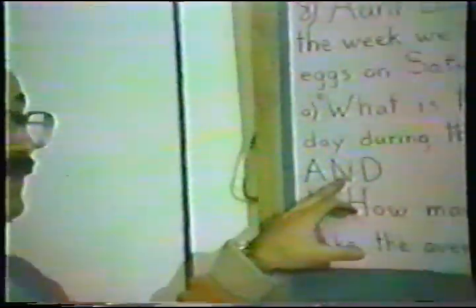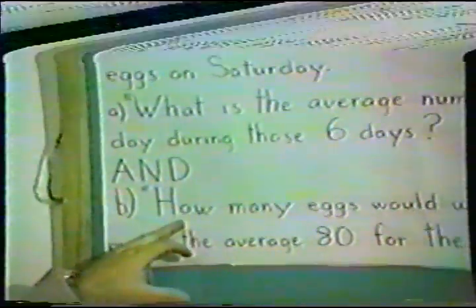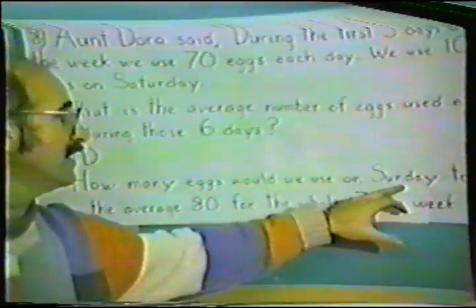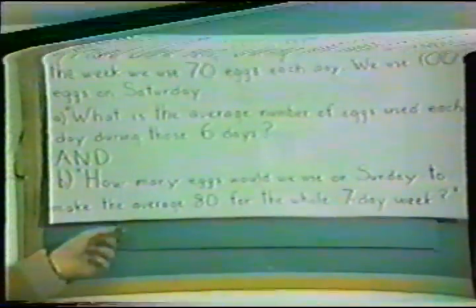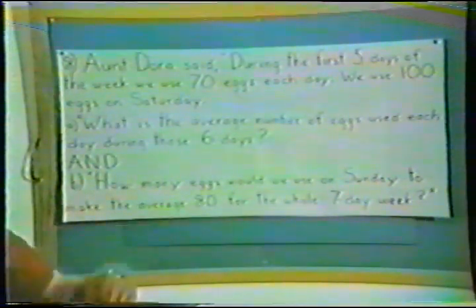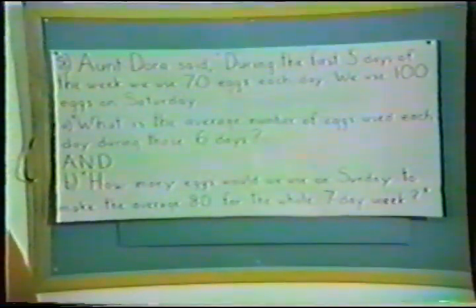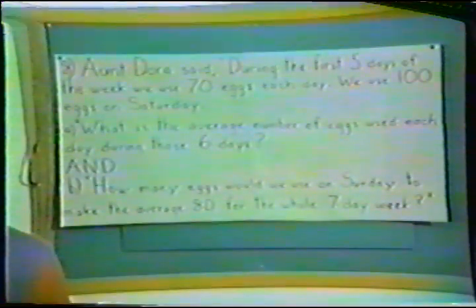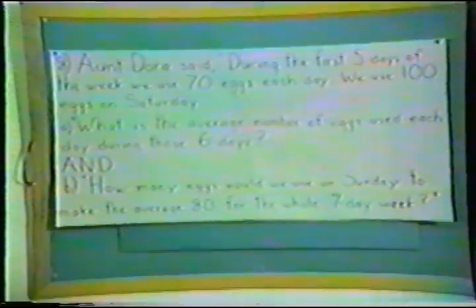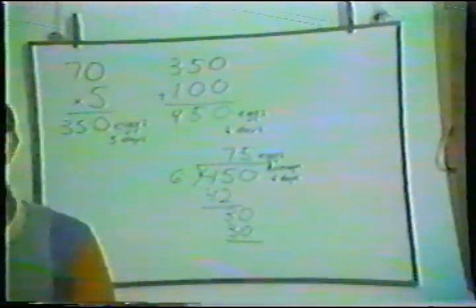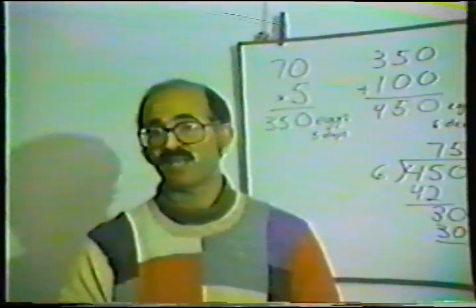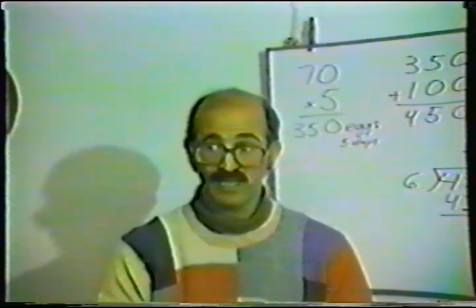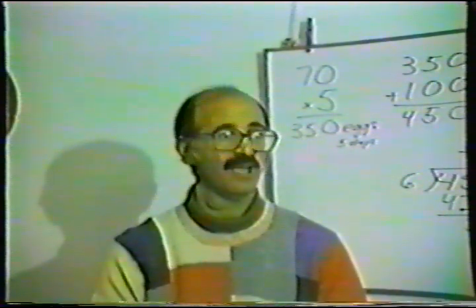Now, the second part of the problem. Part B. How many eggs would we use on Sunday to make the average 80 for the whole 7-day week? Well, an average of 80 for 7 days means 80 eggs used on each of 7 days.